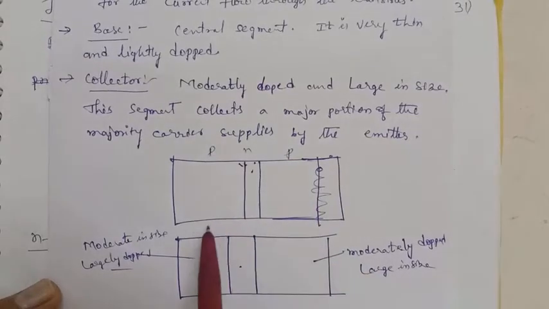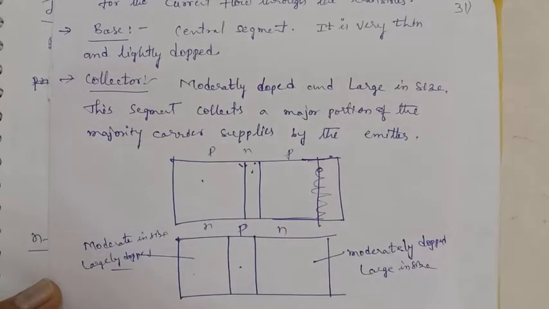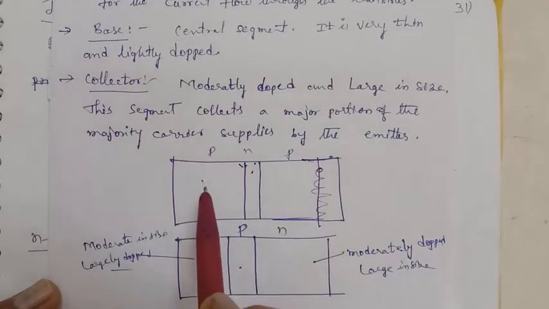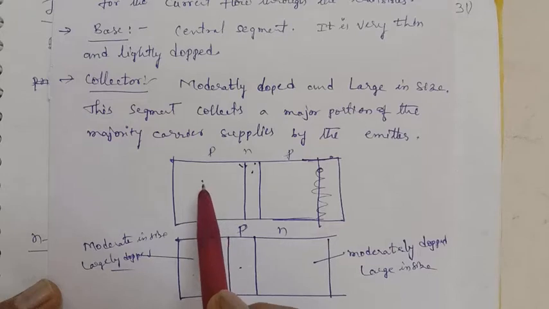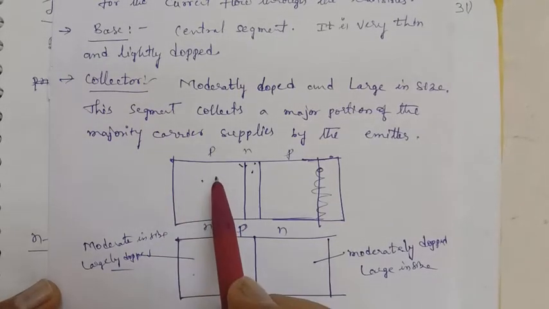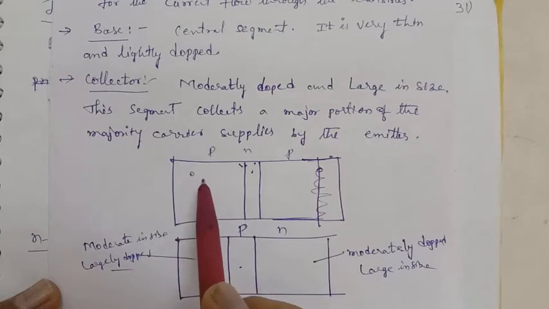Suppose it is PNP, and this is NPN. So in PNP, the emitter is moderate in size and heavily doped; in P, the majority carriers are holes, so the holes are majority carriers.